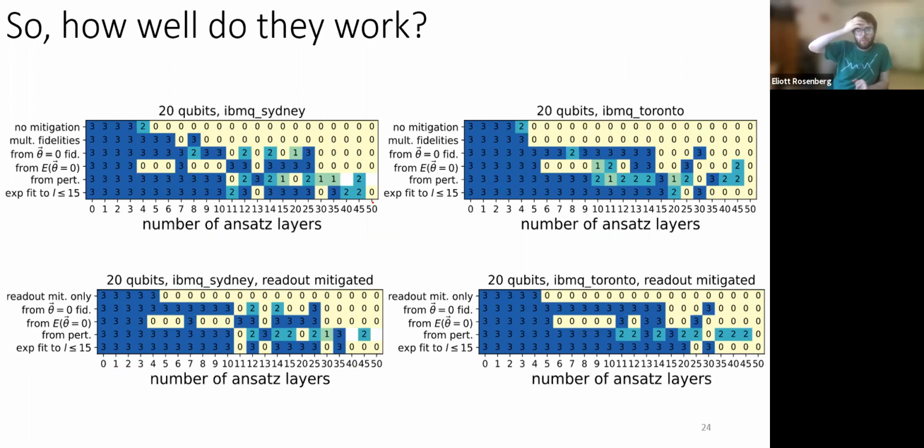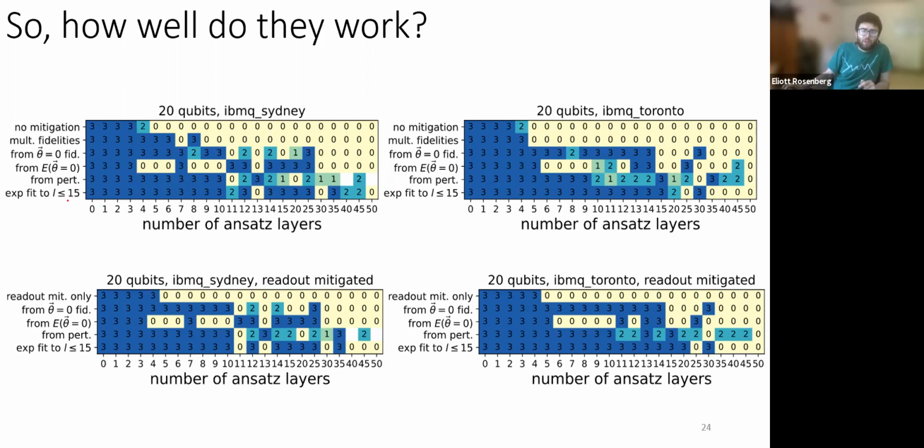So in these figures, 3 means that if we were to use that estimated damping factor to correct the expectation value of the observable, which in this case is the energy, we would get within 10% of the correct value.